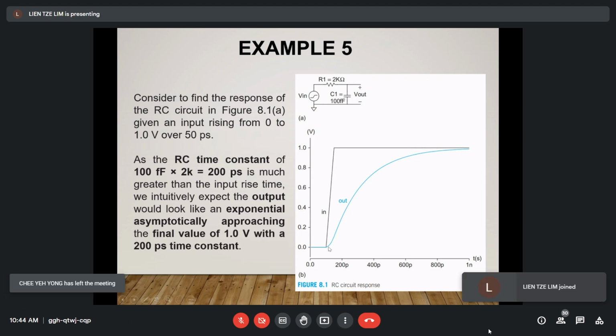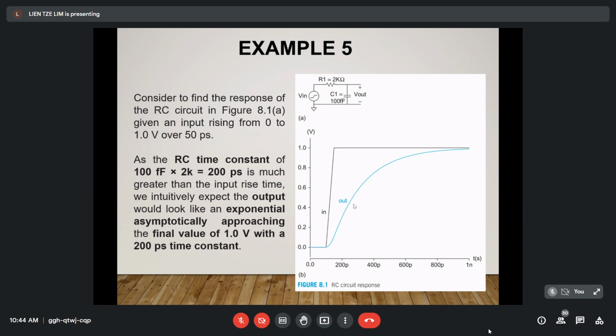As you see, this is a curve where the input voltage starts to rise, following the time that is determined by the RC components.